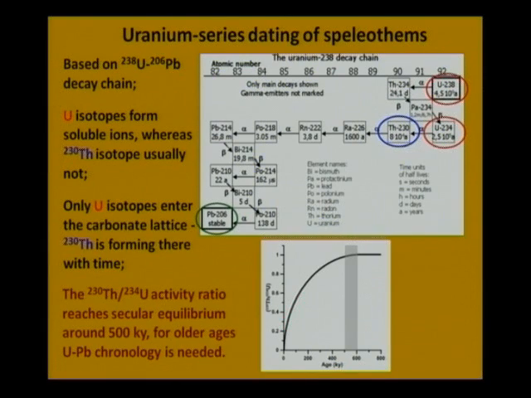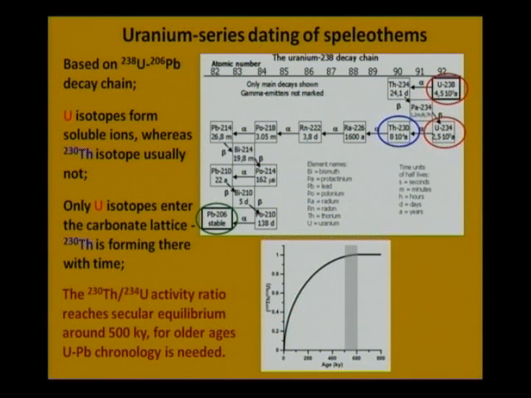If I use stalagmites to know when the water was in the desert, I need to date them radiometrically. And then I need to use the uranium-thorium method if it's less than 500,000 years, or if it's longer than 500,000 years, we need a uranium-lead method.